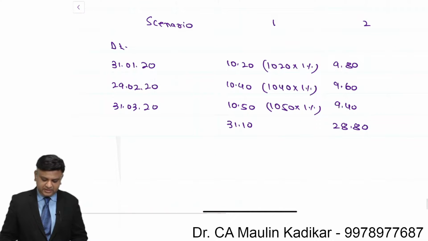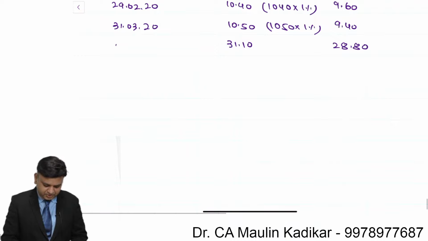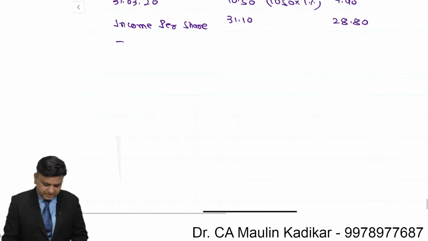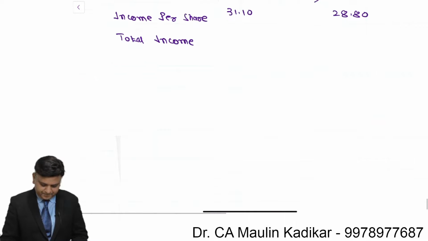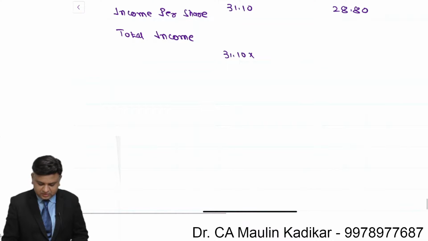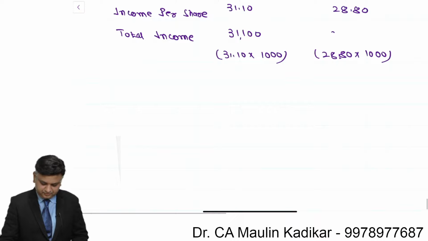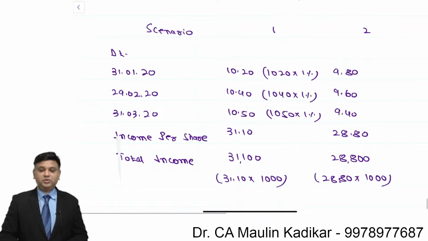That is the amount of income per share, so based on that we'll compute the total income. It is 31.10 into 1000 shares, and 28.80 into again 1000 shares. This is the way the total income will be calculated.